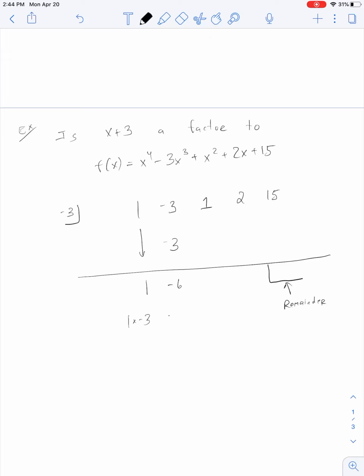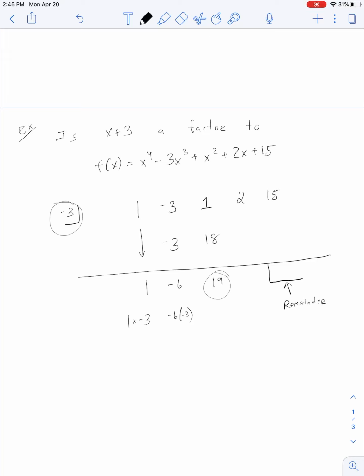And once again, we multiply -6 by that. That gives us 18, and this 18 goes up here. We add those two. That gives us a 19.